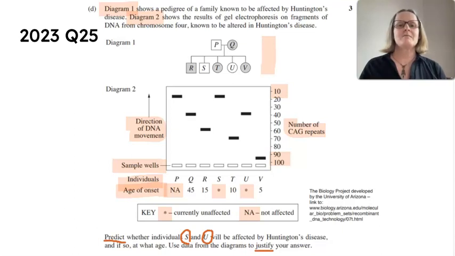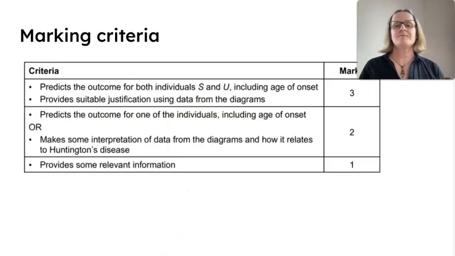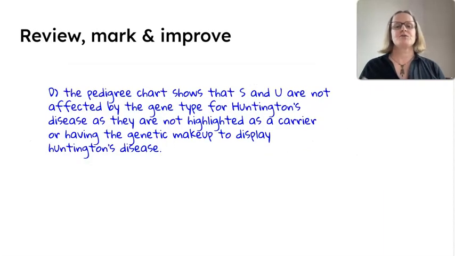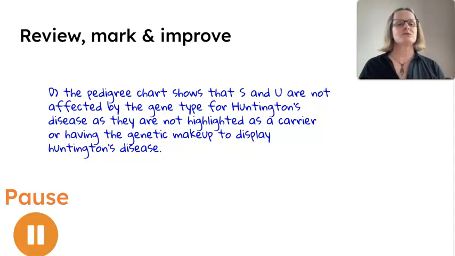So bear in mind that this has an and, so you're going to need to talk about both of these individuals when you justify your answer. So let's have a look at the marking criteria. So pause it, have a read, and then let's have a look at this person's answer. So pause and read this person's answer, looking at the marking criteria, and see if they are right or wrong or only partially correct.